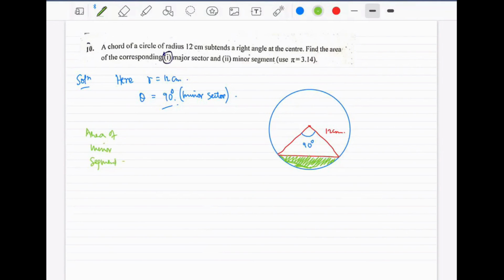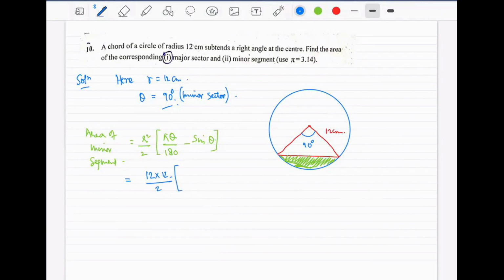What was it? We have got something like this, r square by 2, pi theta by 180 minus sine theta. So it's simple, right? You just have to put in the values. R is 12, 12 into 12 divided by 2.